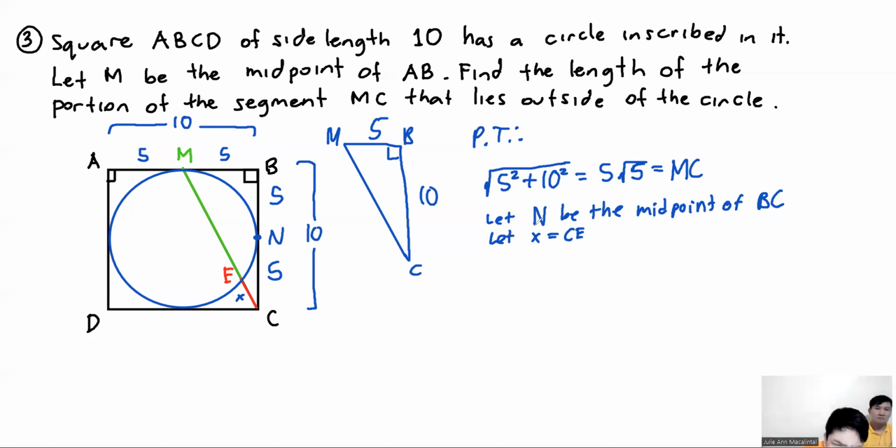So for CN, maybe we will use a little trick. Let's draw a semi-decent segment of the circle, with the tangents. I'll just draw the segment here so it will fit.